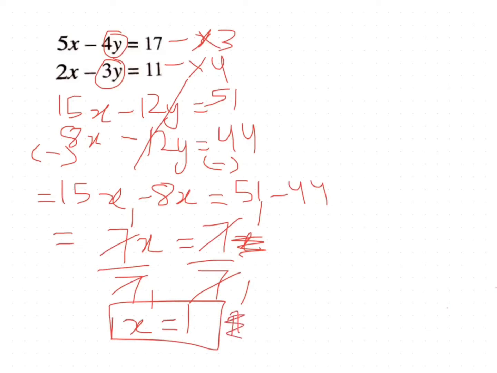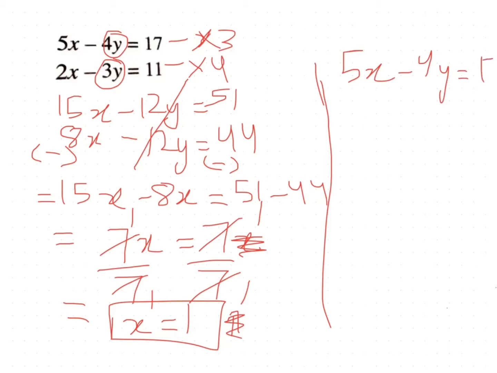Next is the value of y. Like before, we have to choose one equation. I am choosing the first equation, 5x minus 4y equals 17.